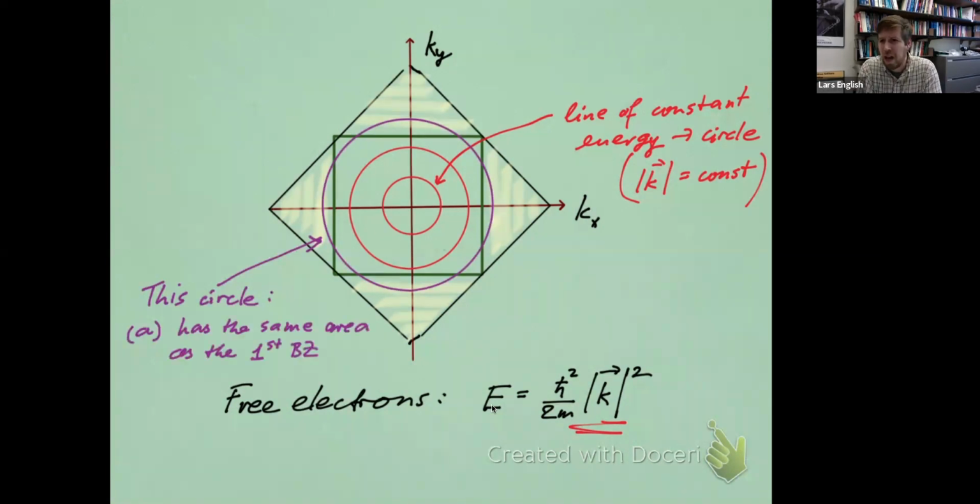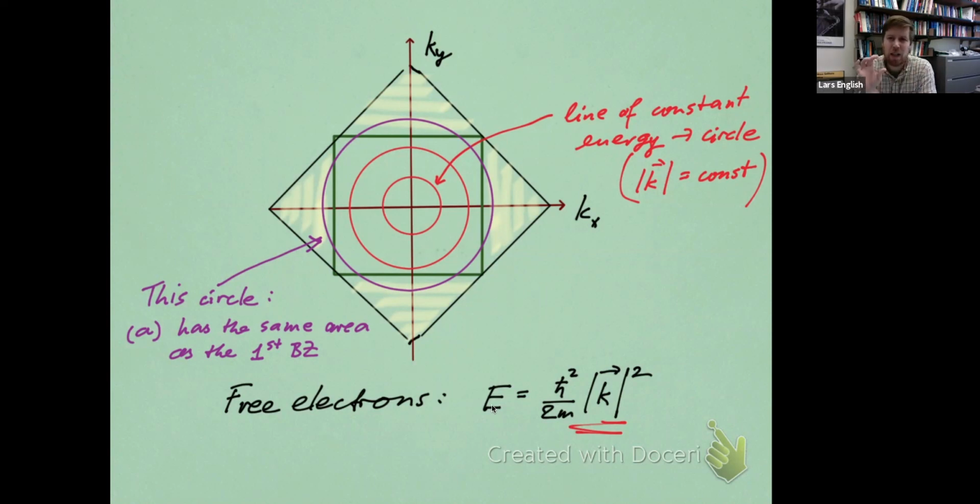Again, for the free electrons, we would conclude that all the states represented by that purple circle would have the same energy. Now, why did I draw that purple circle? Well, I've drawn it here such that it has the same area as the first Brillouin zone. I'm not sure if I was entirely successful there, but that's what I was going for.